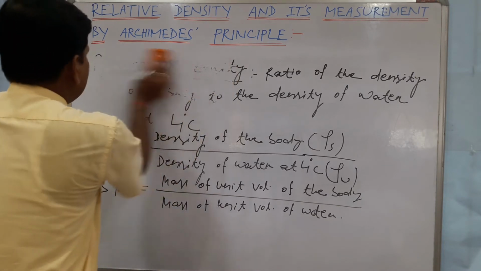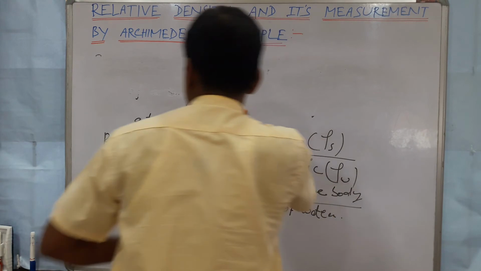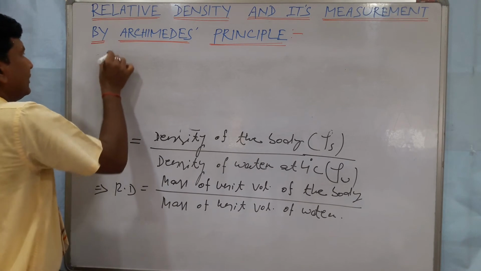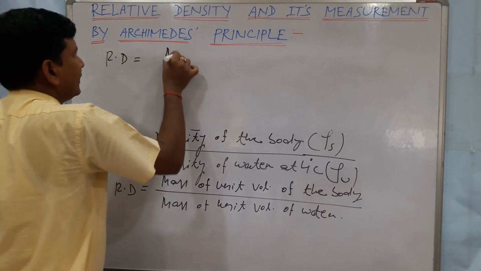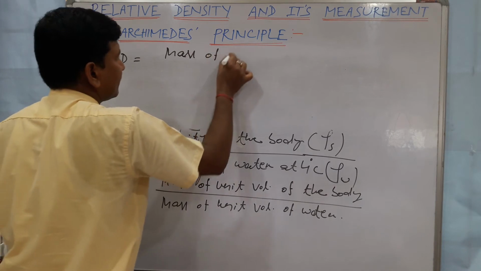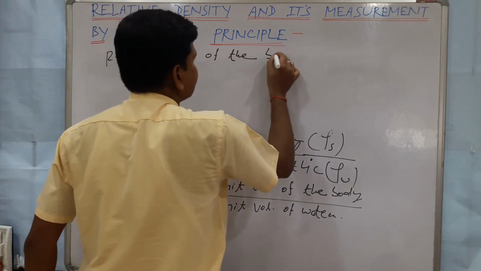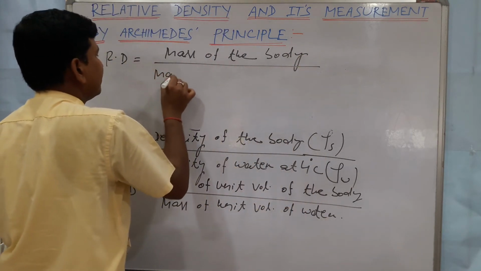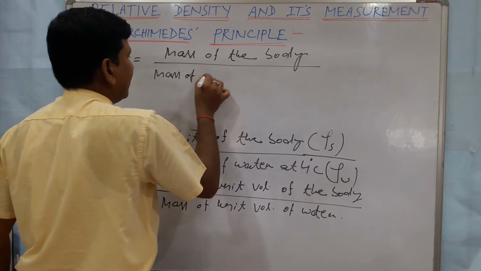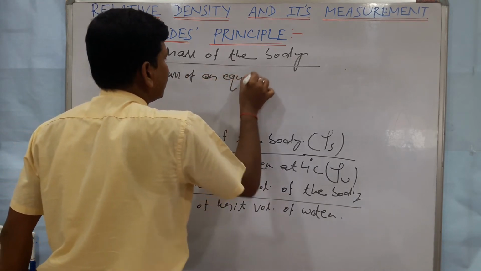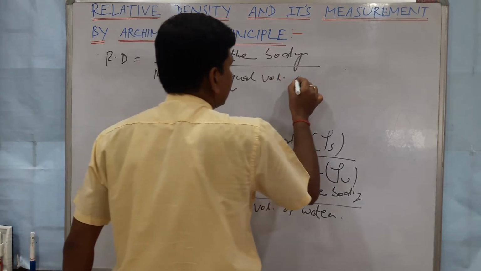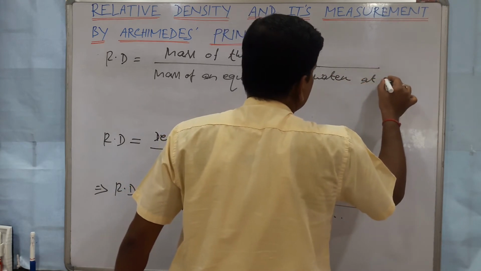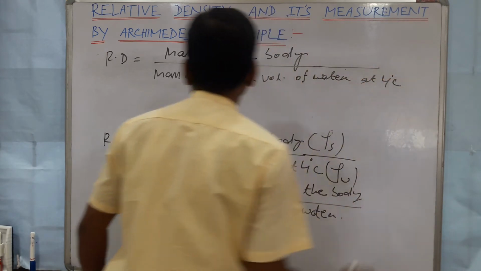So now we can write Rd is equal to the mass of the body divided by the mass of an equal volume of water at 4 degrees Celsius, isn't it?